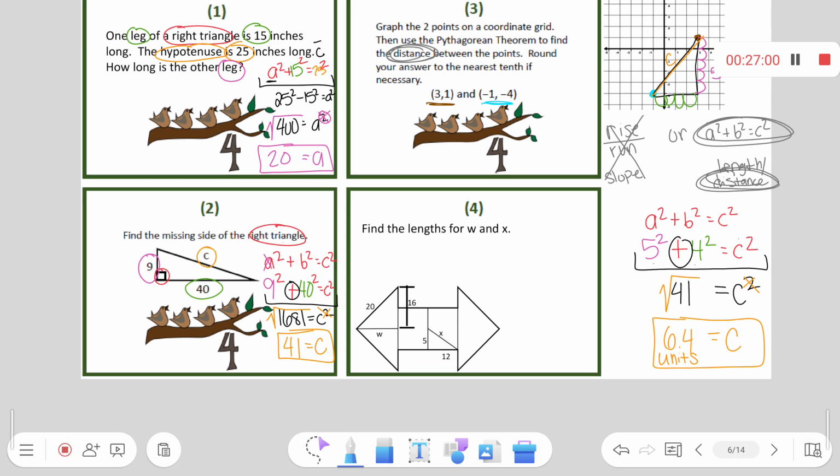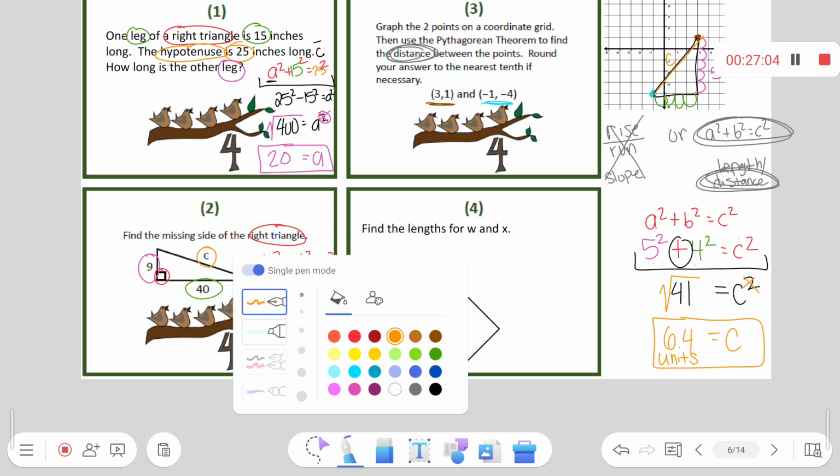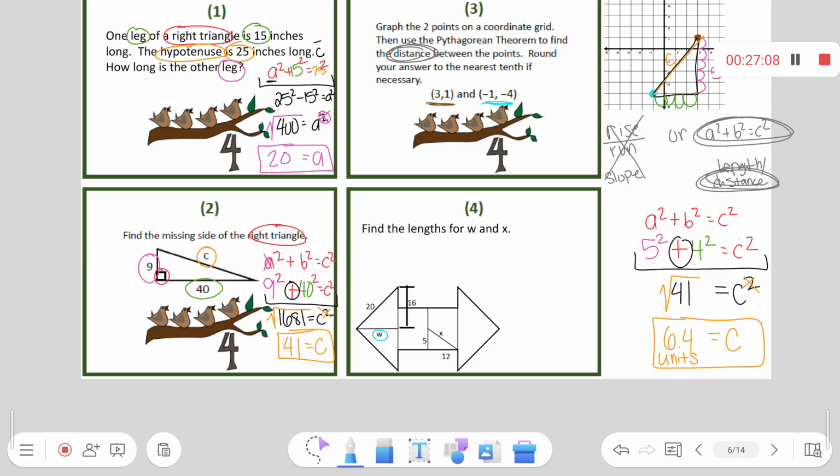And then number 4, we want to find the lengths for w and x. So I see w is right here, and that's part of a right triangle. Because it's part of a right triangle, I know I can use a squared plus b squared equals c squared. And this is to find w.